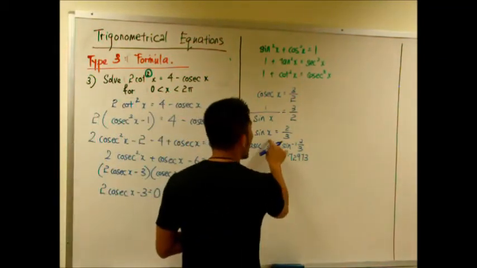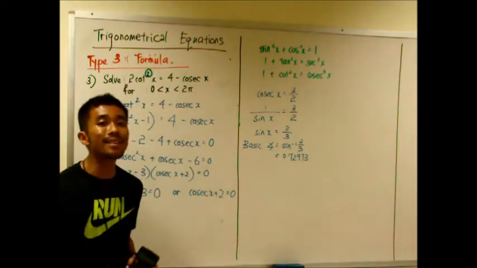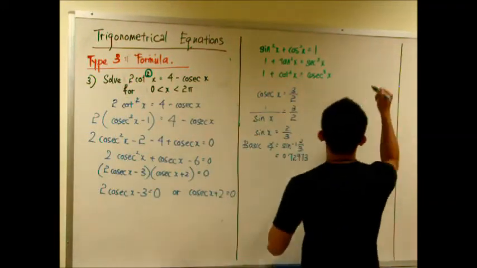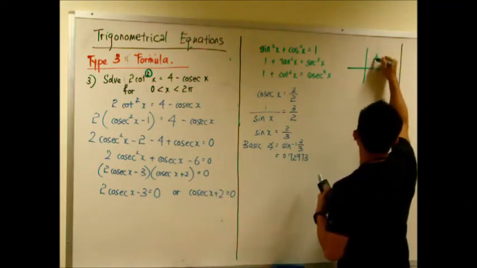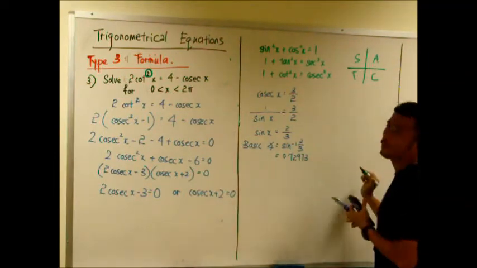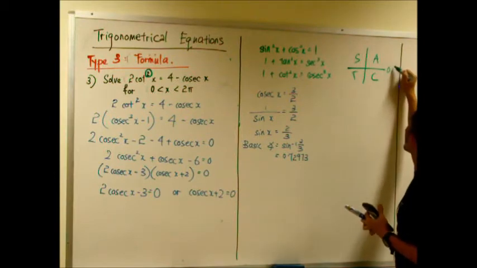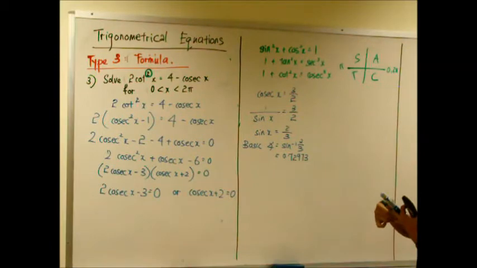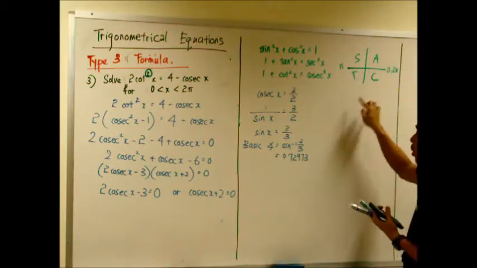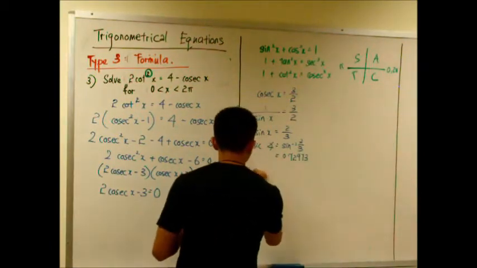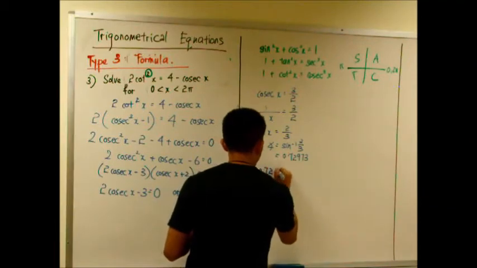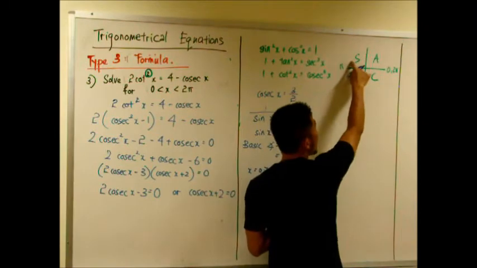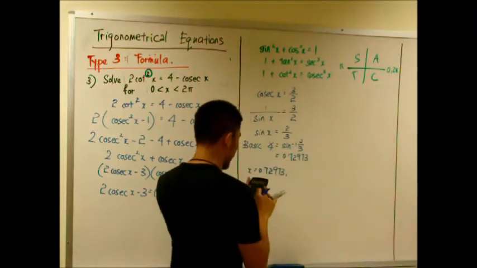Alright, now, since sine is positive, it means that it must lie inside the first as well as the second quadrant. Alright, this is 0 to pi. This will be pi over here. So, if it lies inside the first quadrant, it's 0 plus the basic angle. If it lies in the second quadrant, it's pi minus the basic angle.